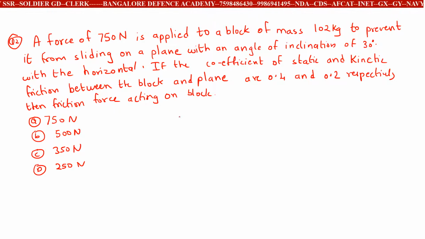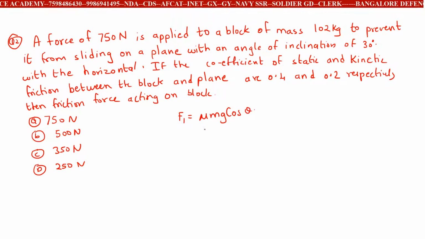You can use this formula for this question. F is equal to mu mg cos theta. So here mu is 0.4. The mass they have given 102 kg, and g let us take as 10 here. Most of the time if they haven't specified, you can take 10.